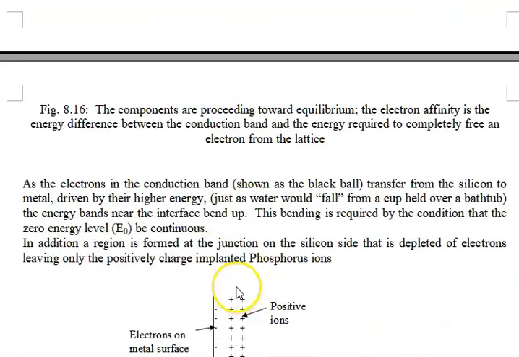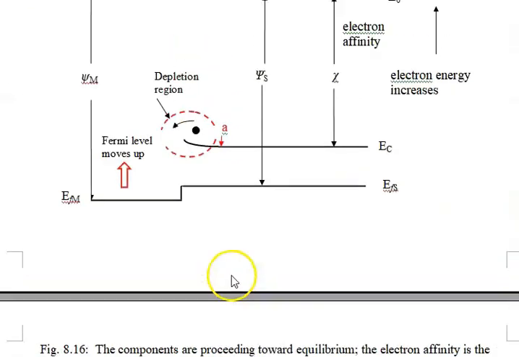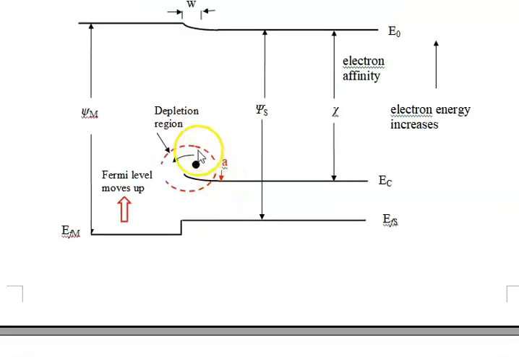So we continue, and we continue until the Fermi level on the metal is equal or congruent with the Fermi level in the silicon. Now what happens in this region, and this is absolutely critical, as the electrons are transferred from the silicon to the metal, we uncover the ions that were in this region.